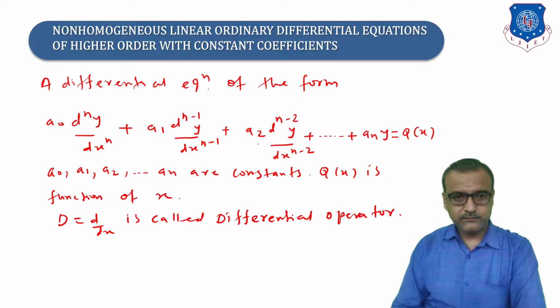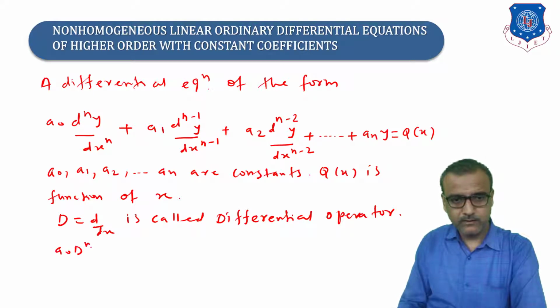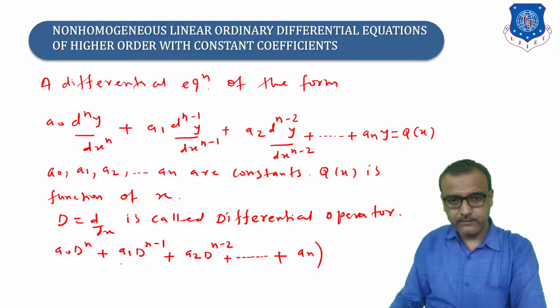If in this equation we replace d by dx with capital D, and take y common, then we have a0 D raised to n plus a1 D raised to n minus 1 plus a2 D raised to n minus 2 plus and so on plus an, times y, equals Q of x.